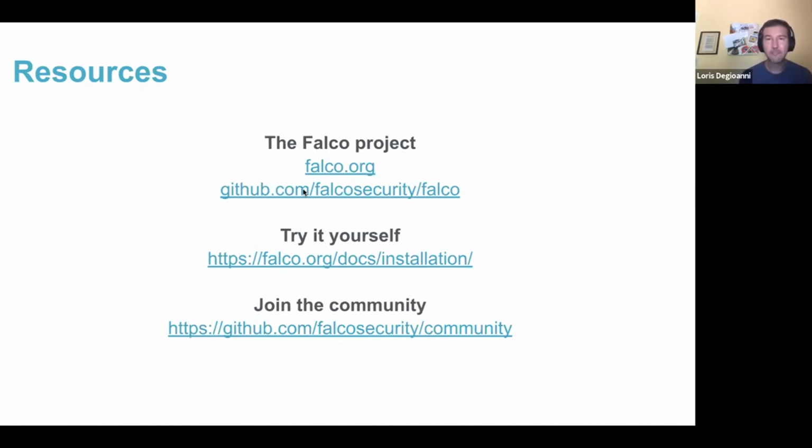What is the difference between Falco and Istio? So Istio is more like, let's say, a generic network mesh.